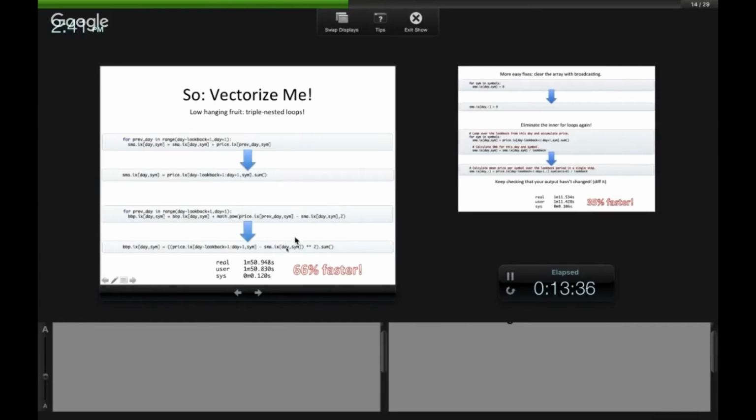So this has reduced my calculation by more than you might appreciate, because if you think about what I was doing in the SMA, I'm using the price for each day as part of 14 separate calculations. Because on day 14, I'm adding up day 1, 2, 3, 4, 5, 6, 7 up to 14. On day 15, I'm adding the same prices I just did from 2, 3, 4, 5, 6, 7 up through 15.